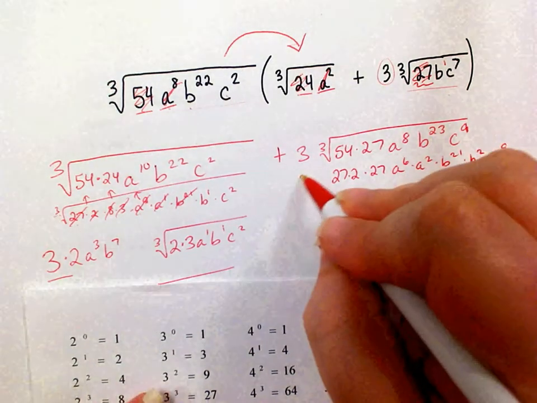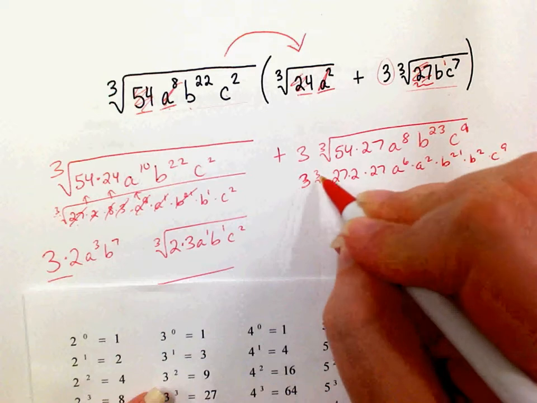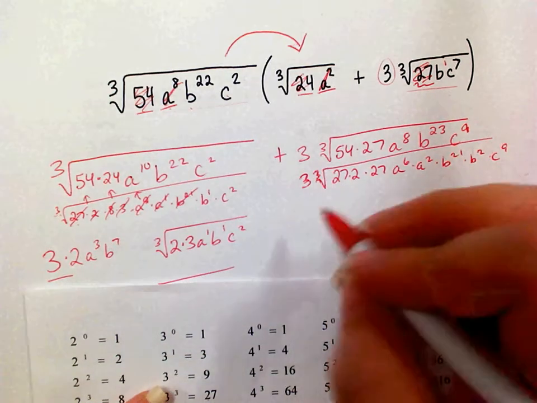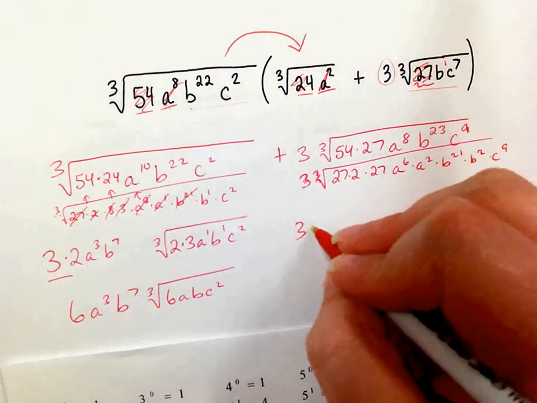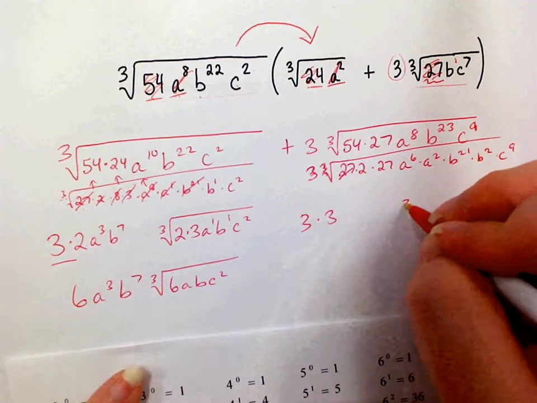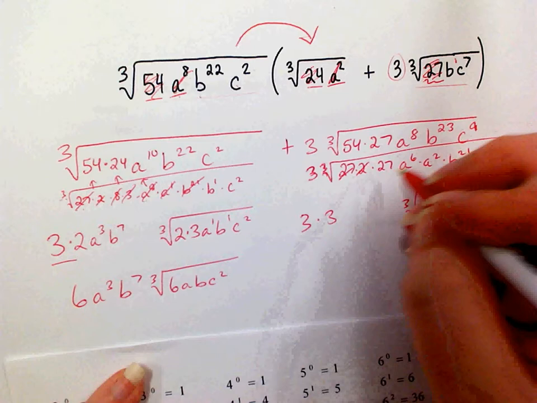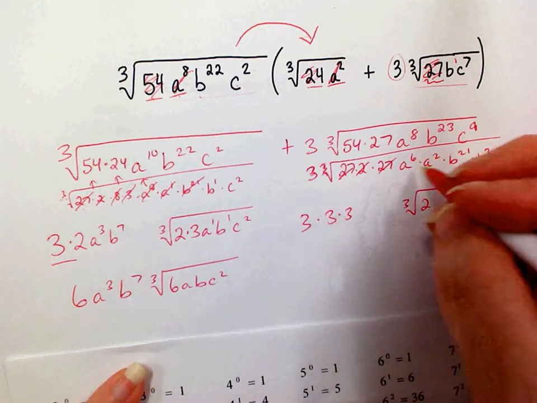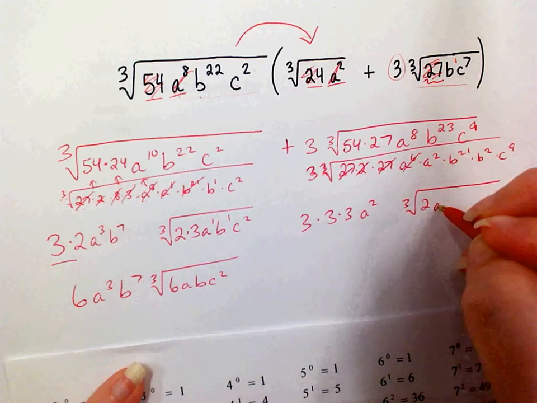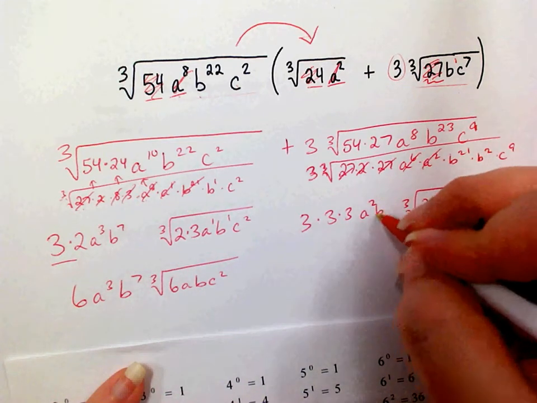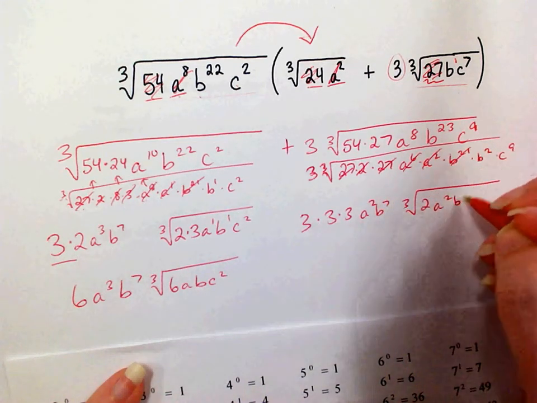So I've got 3 times the cubed root of all this. The cubed root of 27 is 3. Cubed root of 2, not a whole number, so I'll leave it inside. Cubed root of 27 is 3. Cubed root of a to the 6, 6 divided by 3 is 2, so a squared. Leave a squared inside. b to the 7th, leave b squared inside, and then c to the 3rd.